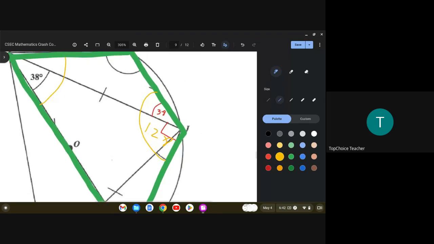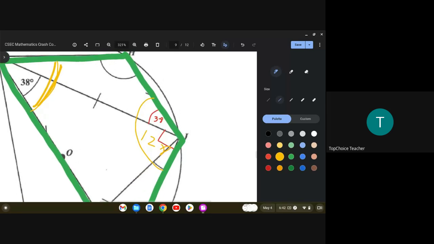So let's first figure out the size of the big angle. This big angle is going to be 180 take away 128. Remember, this angle is 52 degrees.